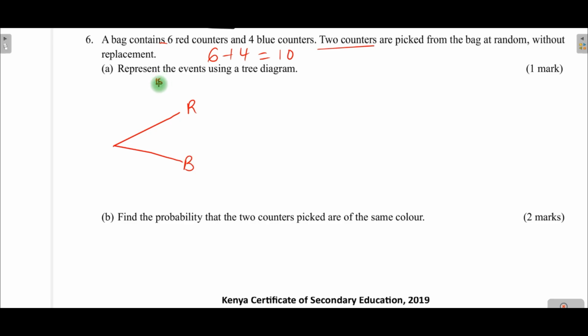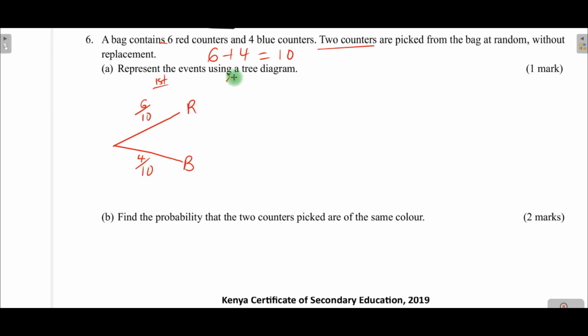For the first pick, the probability of picking a red counter is 6 out of 10, since there are 6 red counters. The probability of picking a blue counter for the first pick is 4 out of 10.